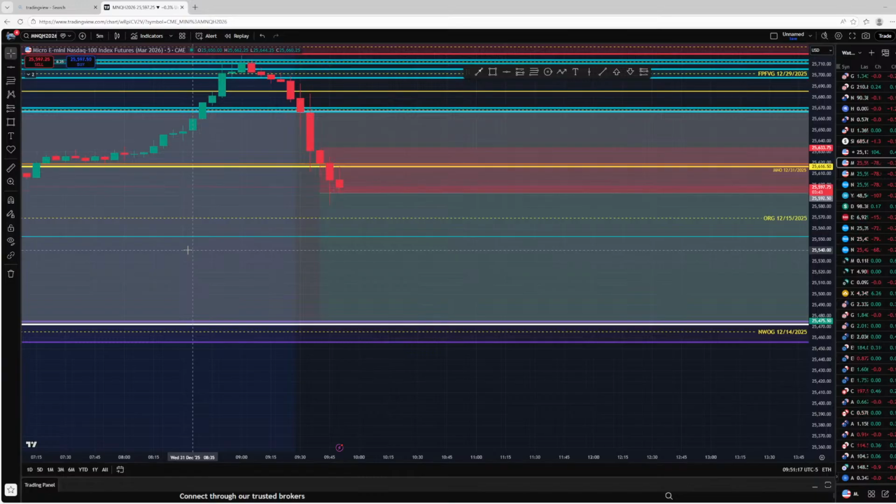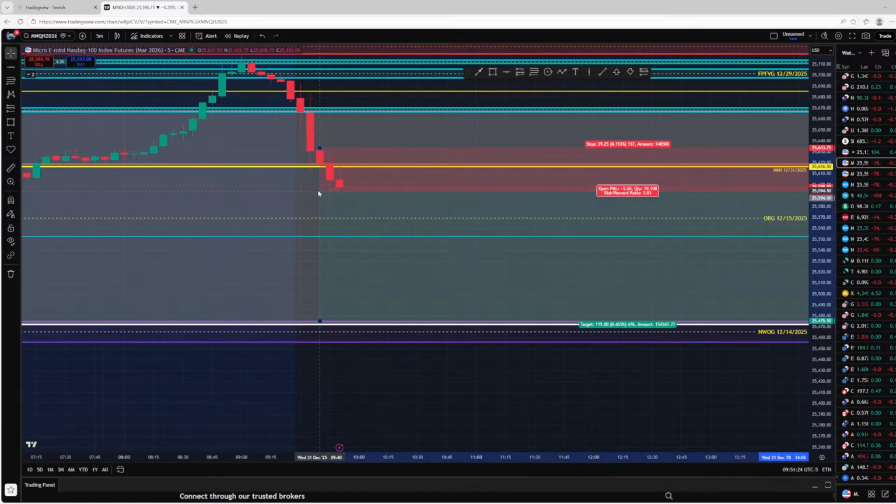All right, so I did get into the sell. I didn't really get the entry that I wanted because I was thinking too hard, but I did pretty much get this entry right there. This is probably going to be my last trade idea if I lose.